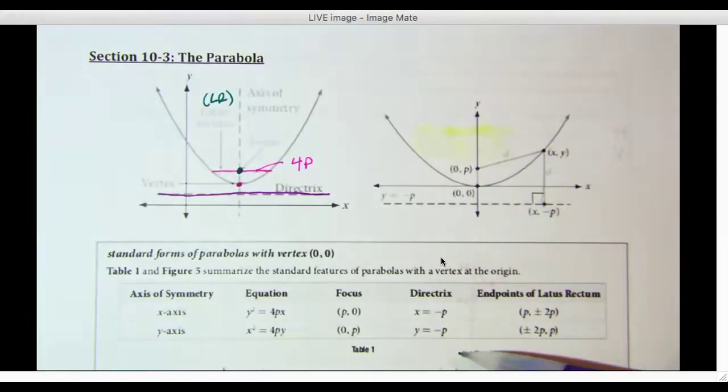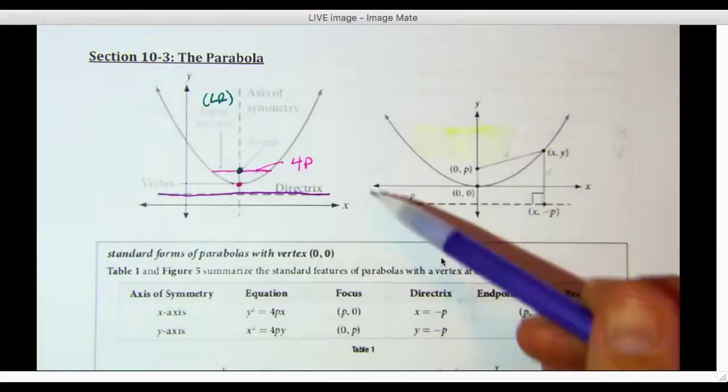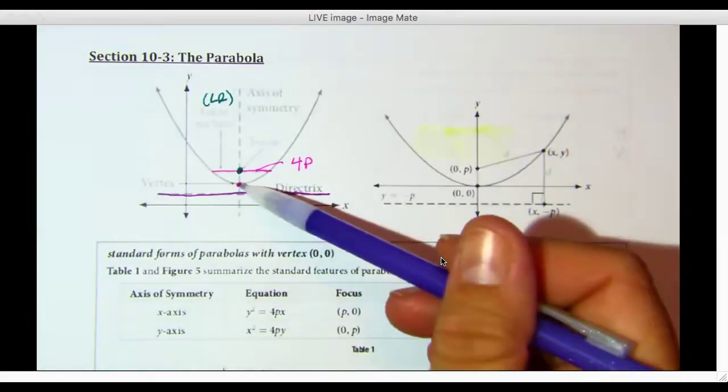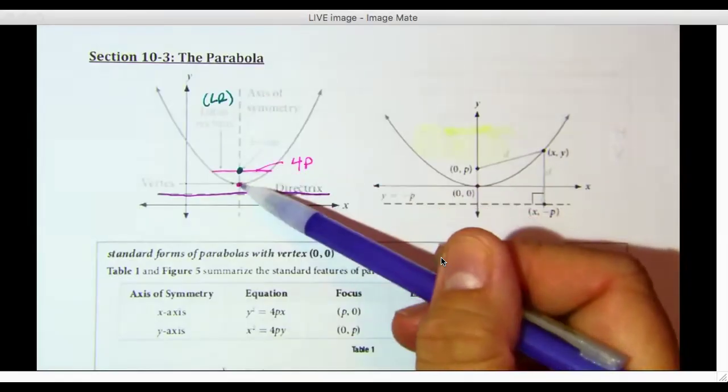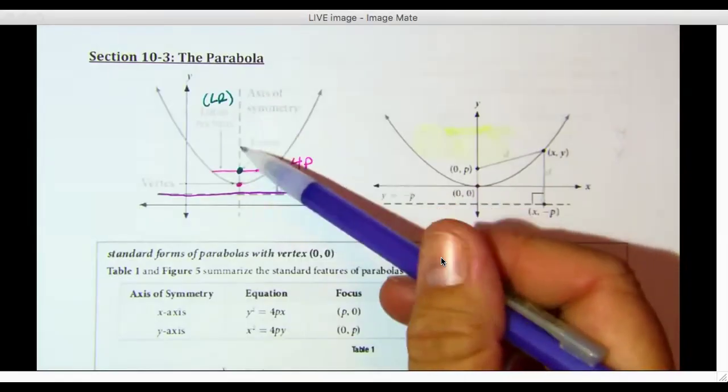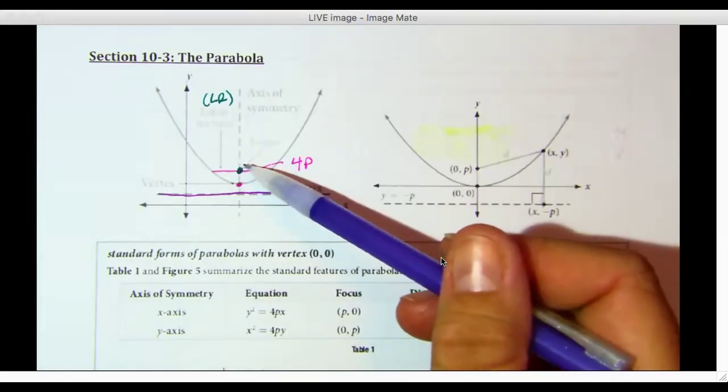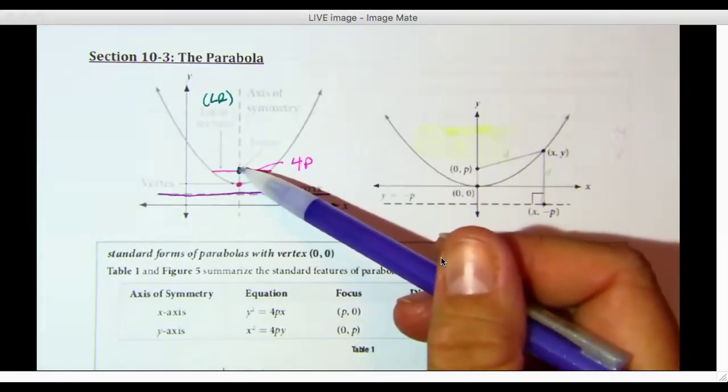So the different parts of the parabola, some parts that you are probably already familiar with is the vertex and the axis of symmetry. So when we looked at parabolas earlier this semester, we also looked at x-intercepts. We talked about domain and range, x and y-intercepts, all of that.